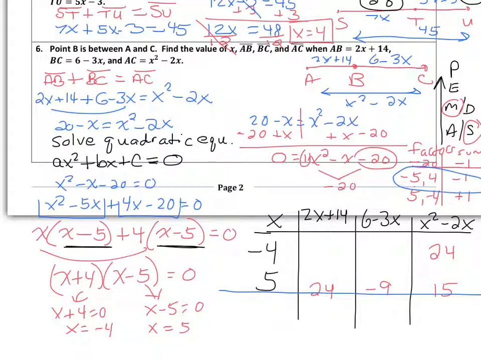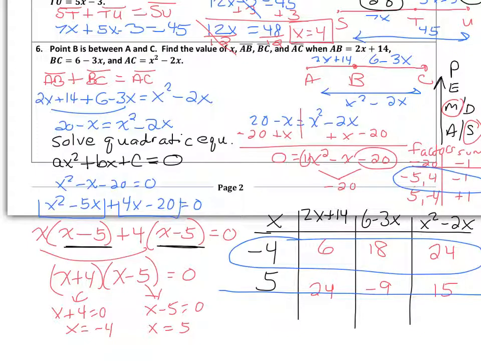Likewise, 6 minus 3 times this negative number would be 6 plus 12, or 18. And 2 times negative 4 is negative 8, plus 14 would give us 6. So now we can check this out and see, does this add up? Does 6 plus 18 give us 24? Well, it certainly does. So there we've calculated out all of our values here.